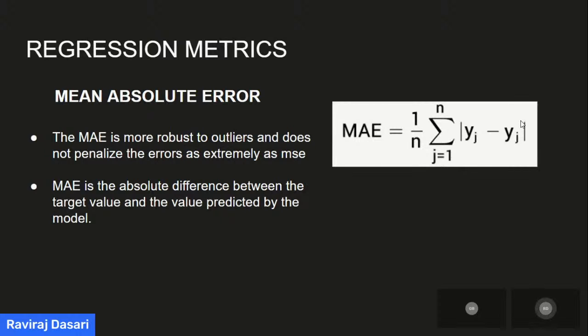So when you have an outlier, MAE will have less error. Take the actual age as 10 and the predicted age as 100, right? 100 is the outlier. 10 minus 100 will be 90. So that error will be less.